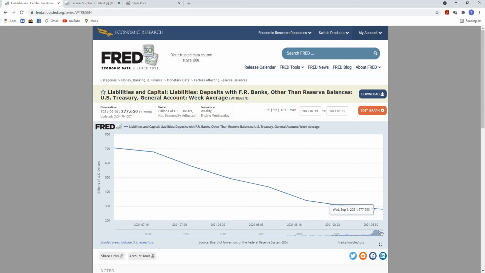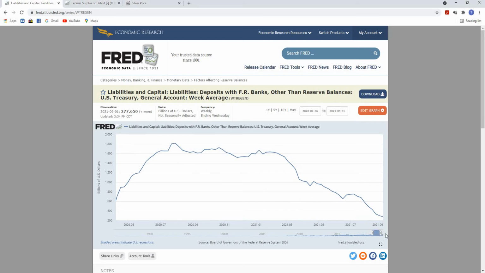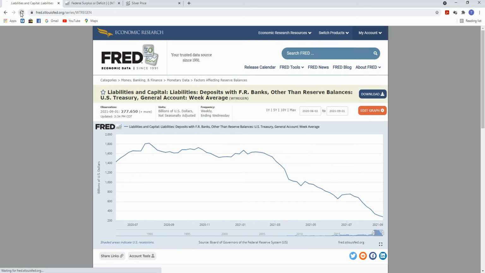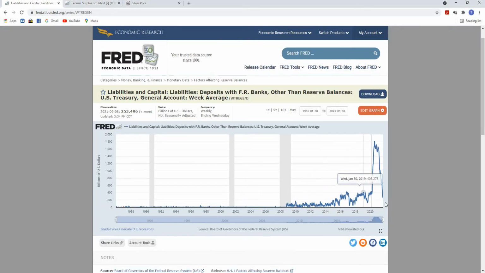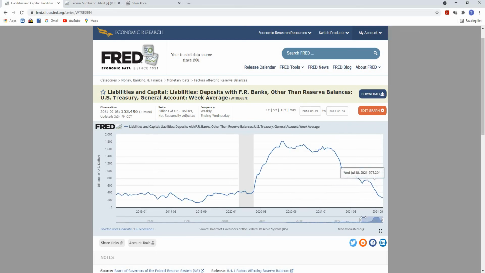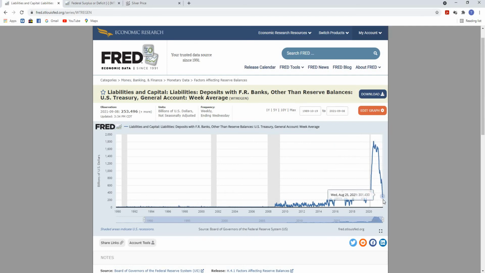Though why September 8th is not showing up right now, I don't really know. But it was showing up earlier. Maybe if I refresh it, it will pop back up. There it goes. So September 8th is showing up now, and we're down to nearly $250 billion at the General Treasury Account.